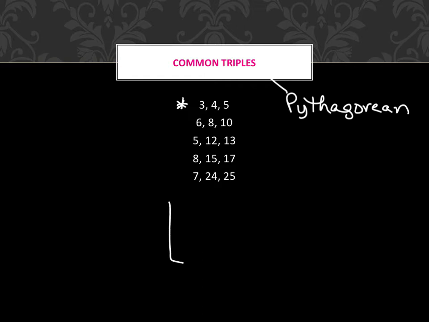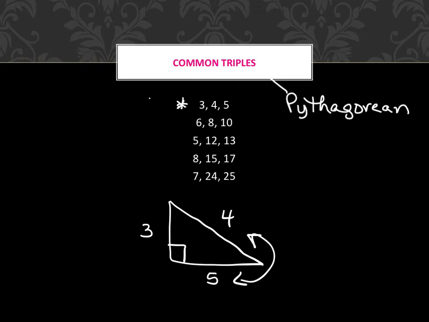So if you were to draw a right triangle and you wanted to label it with this 3, 4, 5, you could put the 4 here and the 3 there, and it wouldn't matter. But the 5 must always be, the biggest number always has to be across from the 90 degrees. So when you're labeling your picture, always remember to put the largest number across from the 90-degree angle.